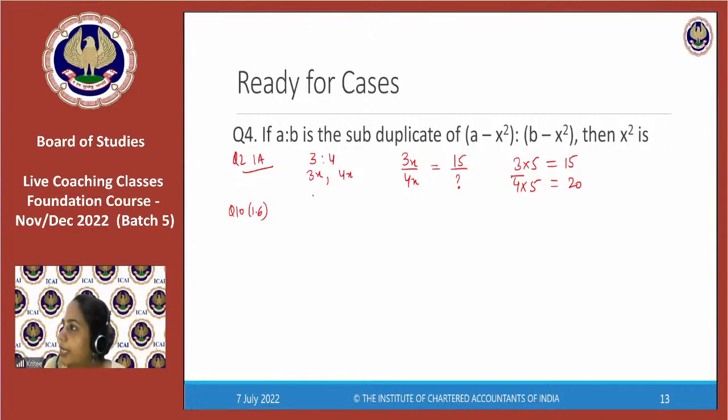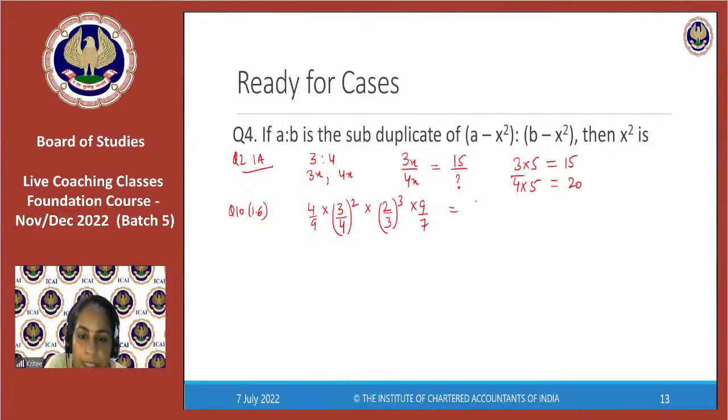This says the ratio compounded of 4/9 and the duplicate of 3/4. Duplicate means square of 3/4, and triplicate of 2/3. Triplicate of 2/3 means cube of 2/3, and 9/7 and 9/7.